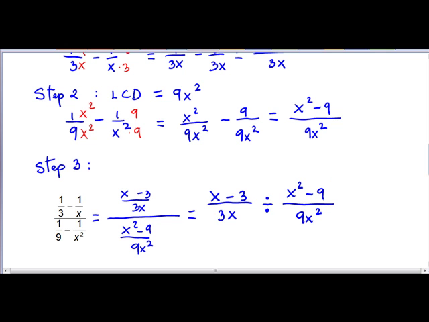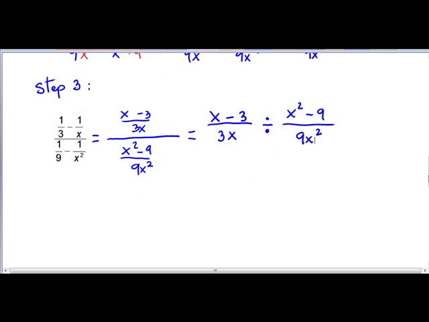And we recognize we know how to do this. We keep the first rational expression, which is x minus 3 over 3x.